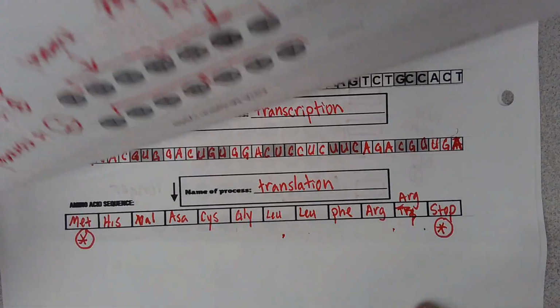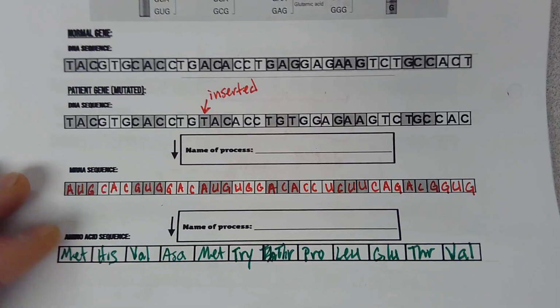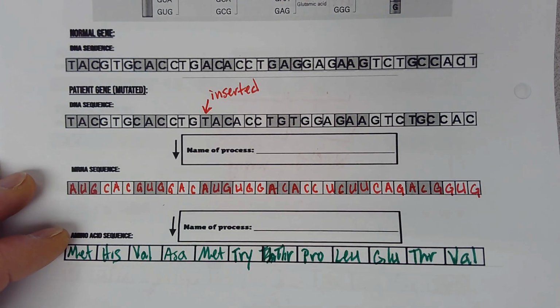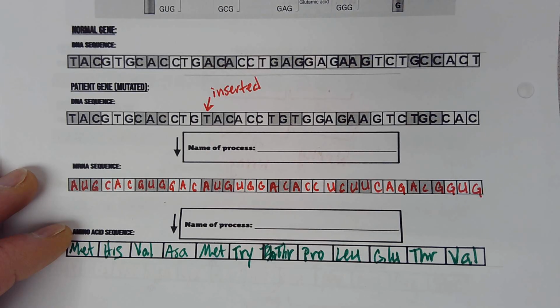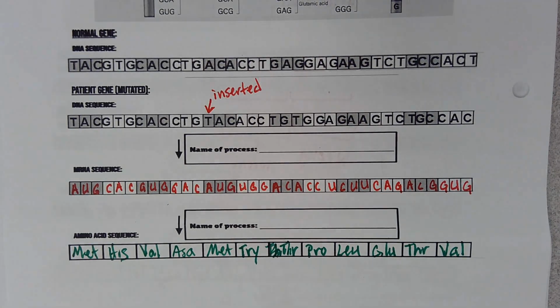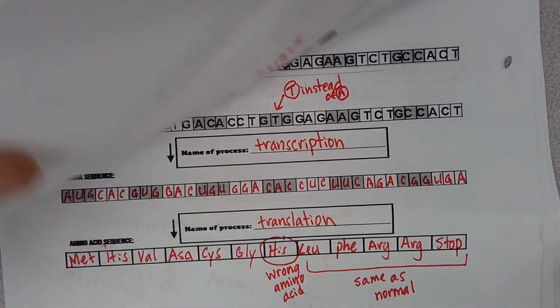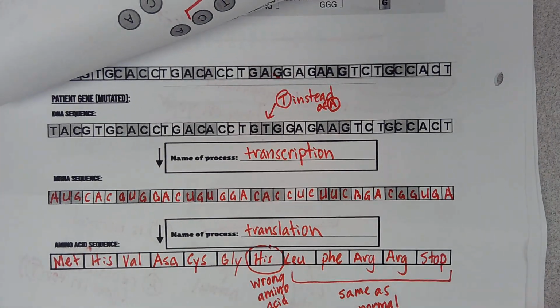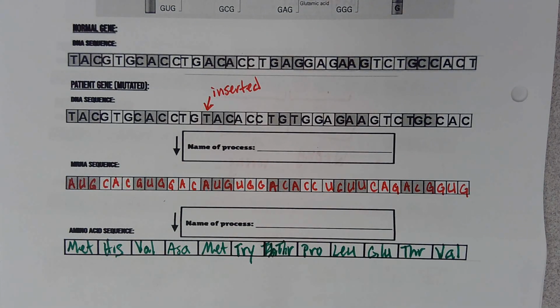Right, so go ahead, start to go through those, flipping back and forth, trying to figure out where it went wrong. And then I would say circle, like we did over here, and just circle that it says the wrong amino acid.